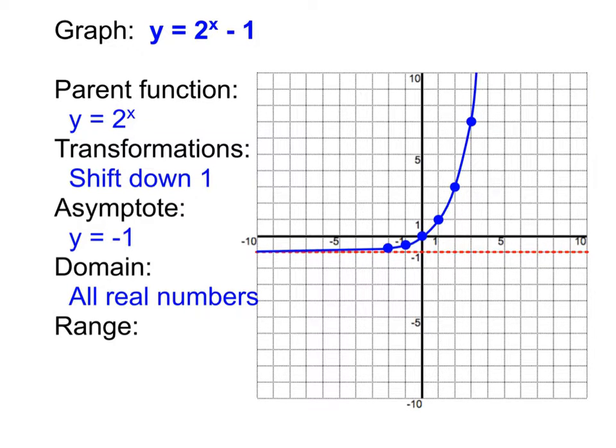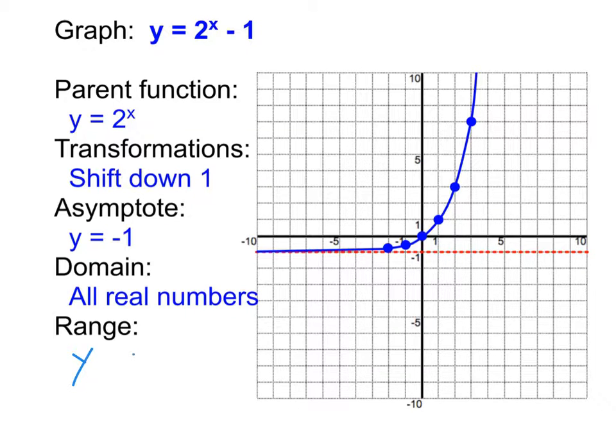The range, however, is not all real numbers. And so knowing that already, I already know that my range is going to have to deal with y. So the y's are all going above the asymptote, right? That's what we can see happening here. Now where's that asymptote at? -1.